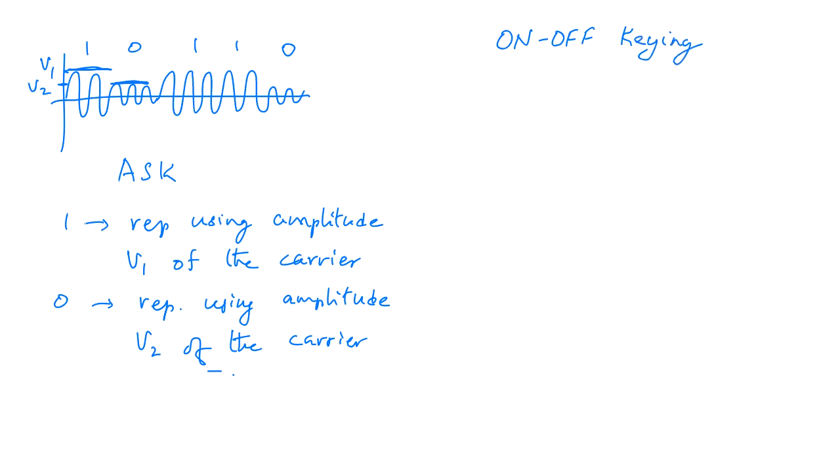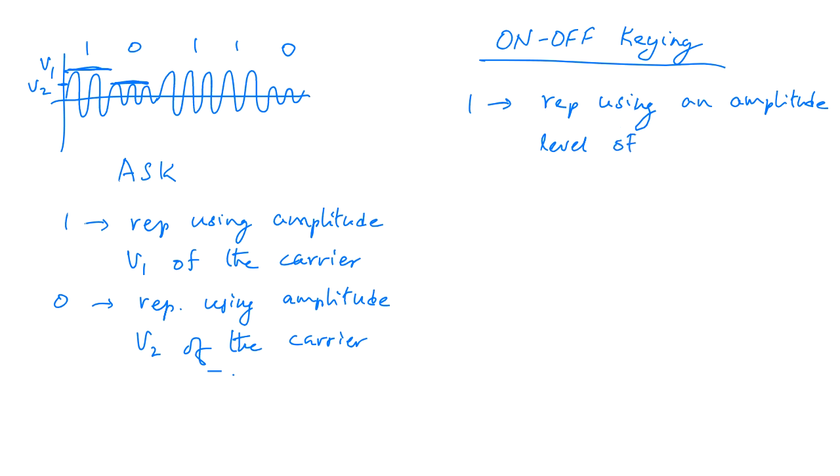In on-off keying, the 1 is represented using an amplitude level of the carrier, and a 0 is represented with 0 volt, 0 level of carrier.